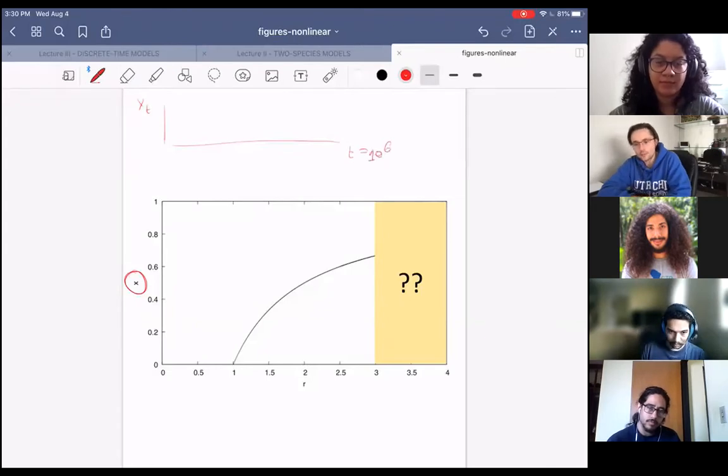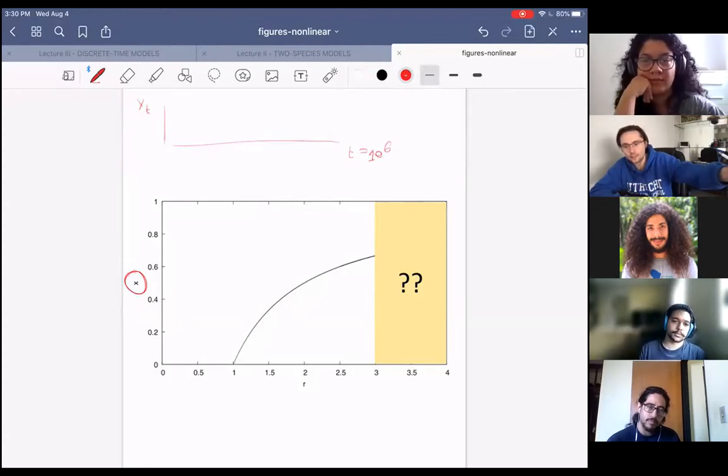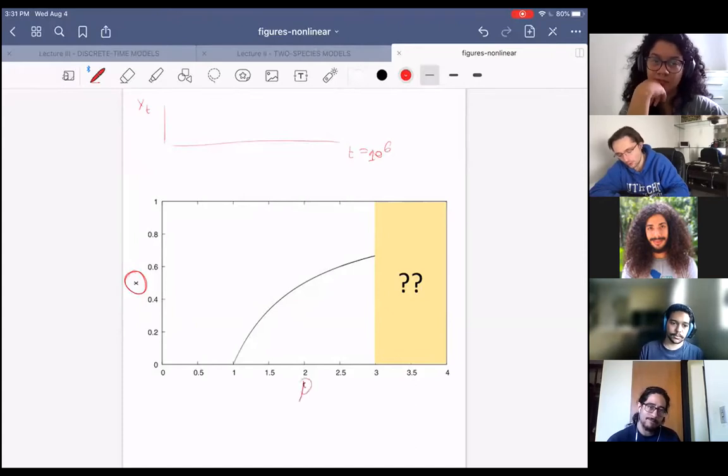From those, I'm going to take the last 10,000, so I avoid any long transient and take a bunch of points in the stationary state. And I am going to represent those points here as a function of mu.